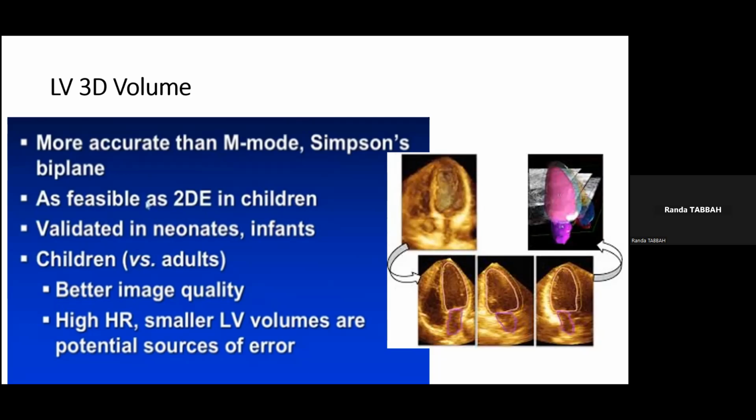We have better images than in adults, so we can have a better 2D image and a better 3D image, but the issue in these cases is that the children population has a higher heart rate and a smaller LV volume, and it could give us some potential sources of error in these cases.